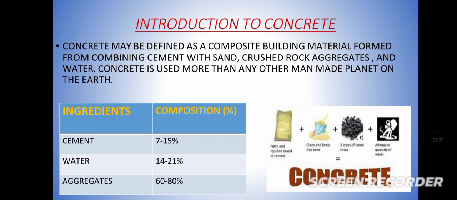From the definition we can understand how important concrete is in civil engineering, because civil engineers only deal with construction, and without building materials a single construction cannot be performed, whether it is the construction of a road, building, bridge, dam or tunnel.